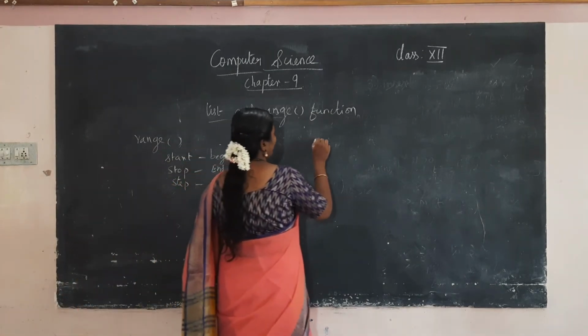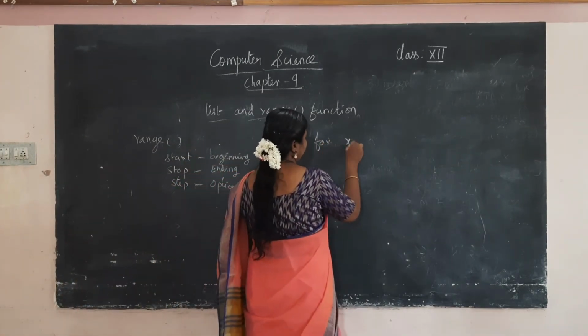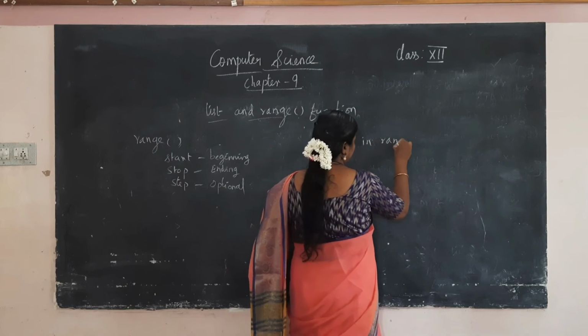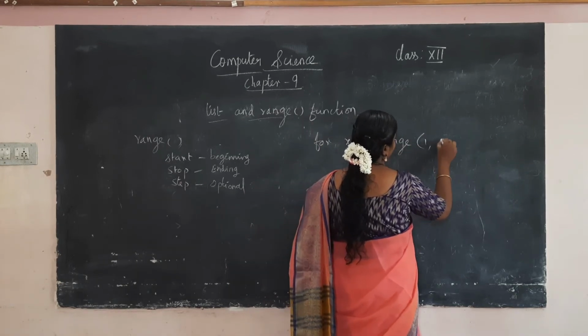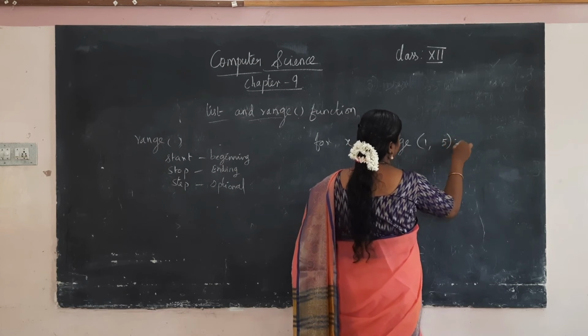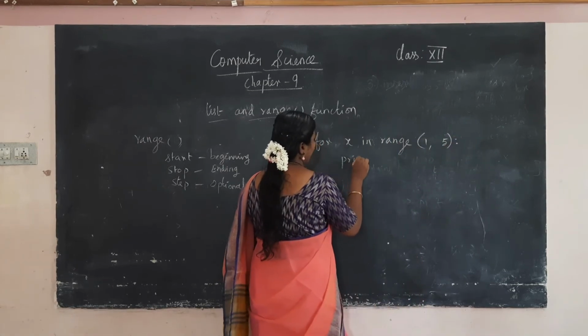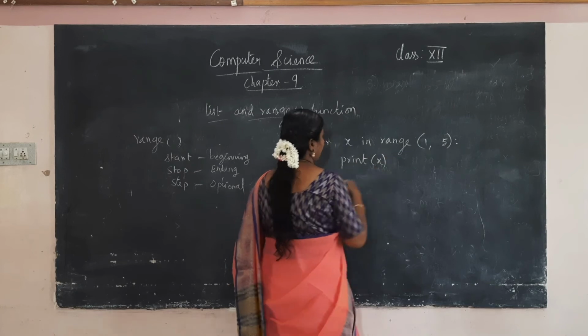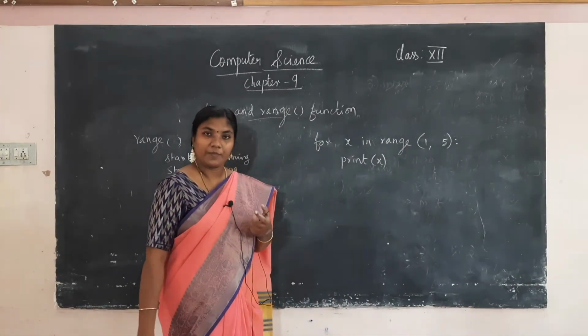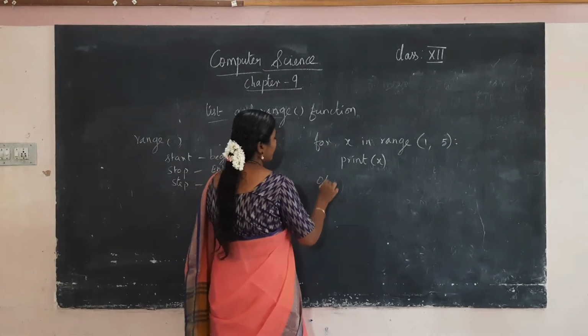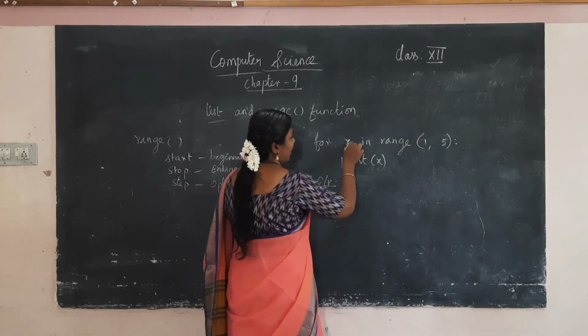Suppose I am having for x in range 1, 5 colon and then I am printing x. Suppose I am having a Python code like this. So what will be my output? I am asked to print x.